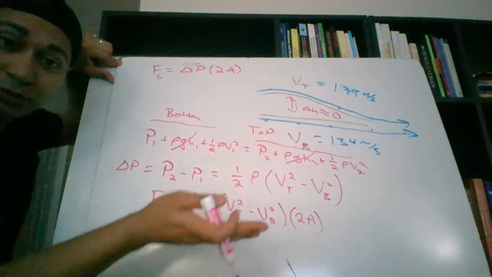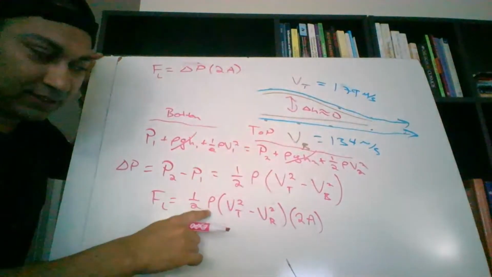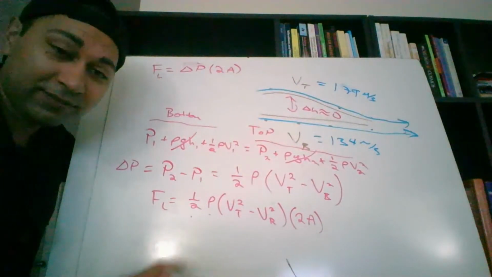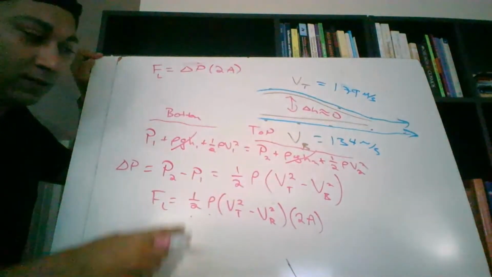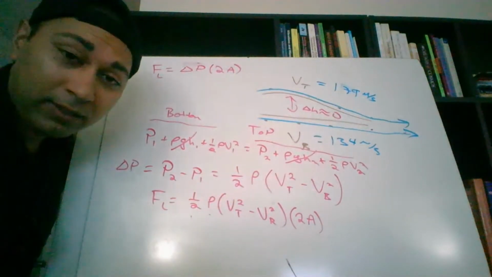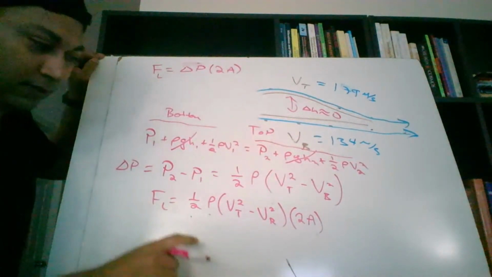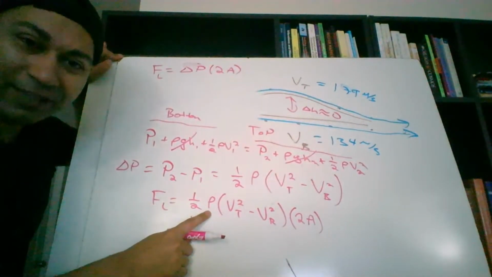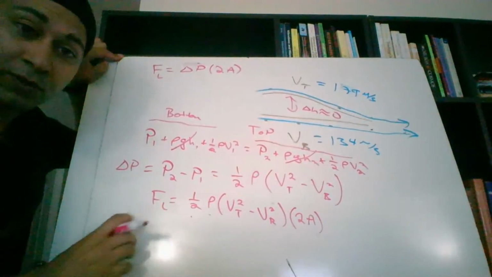So as you go up in our atmosphere, the density of air gets less and less and less. And in space, the density of air is zero because it's a vacuum. This is why planes can only reach a certain height. The smaller this value is, as you go up in elevation, the smaller the lift force is going to be.